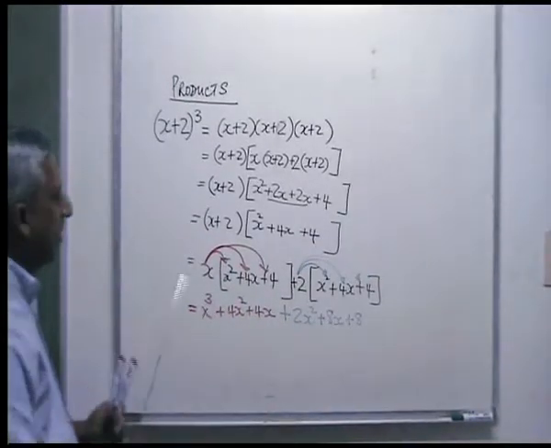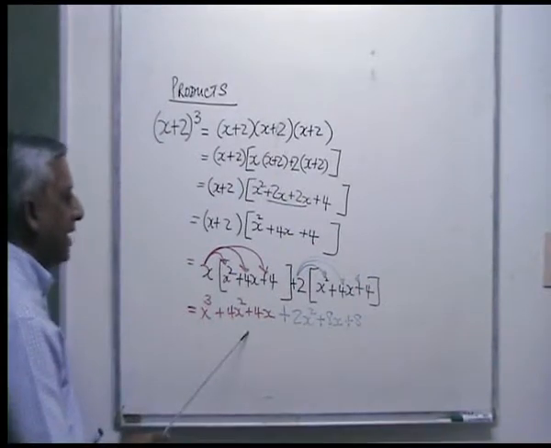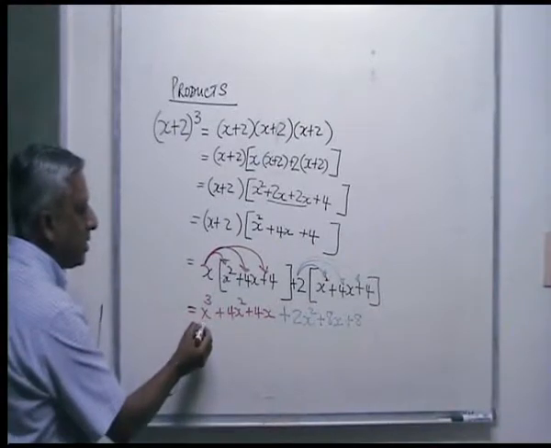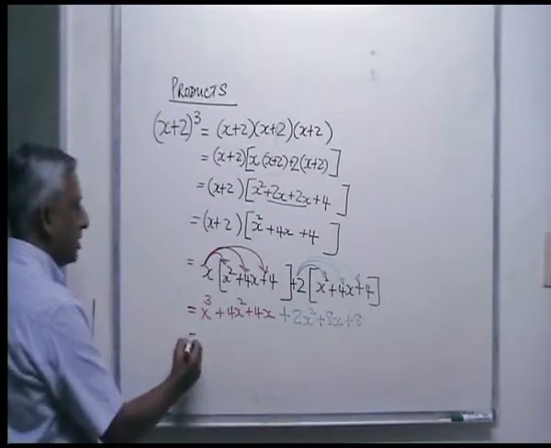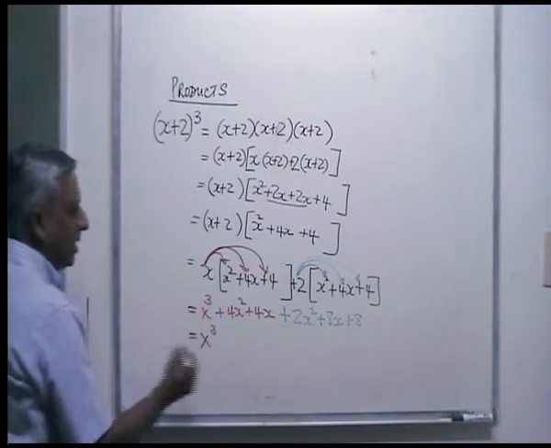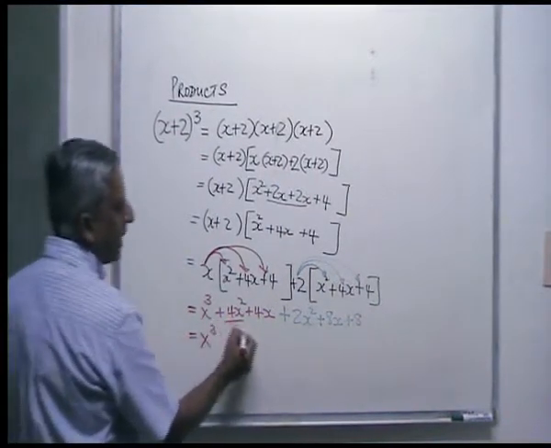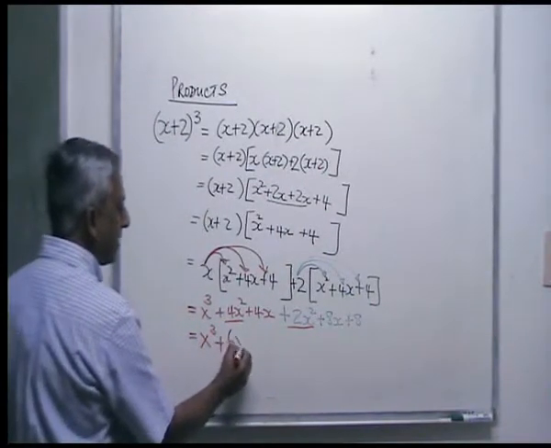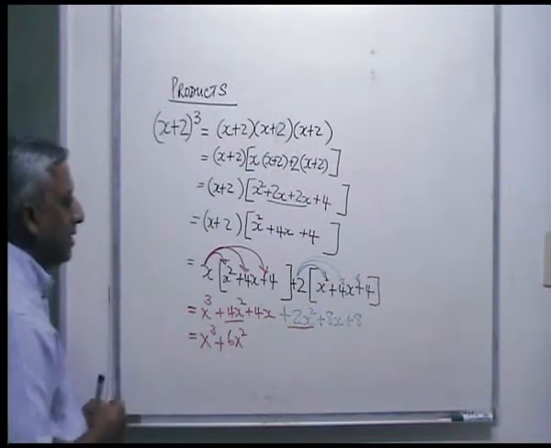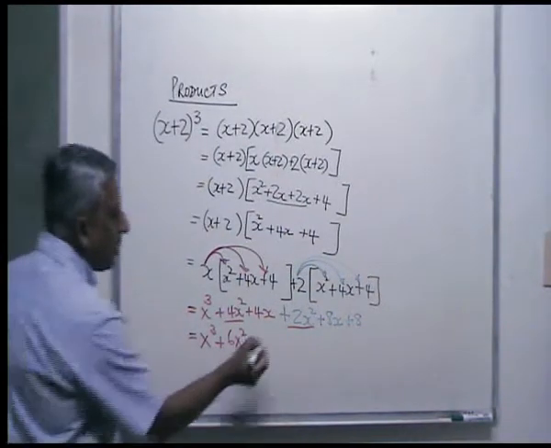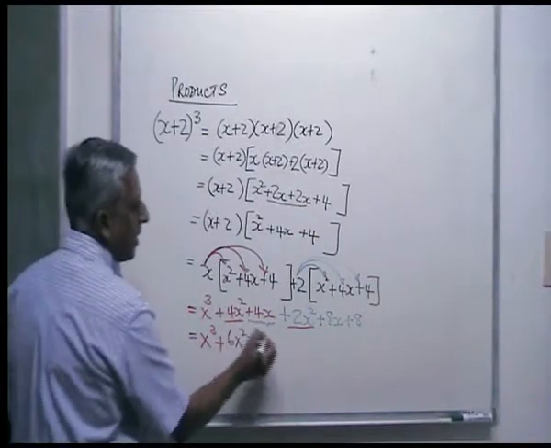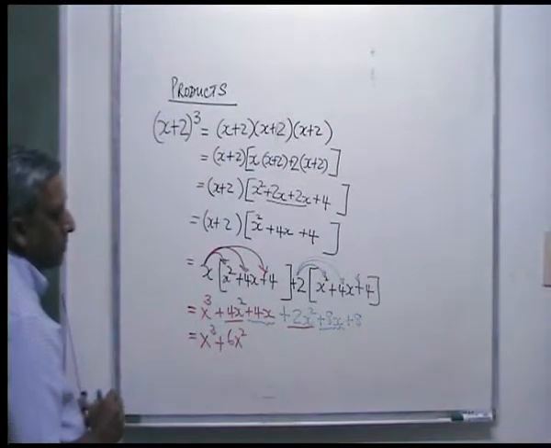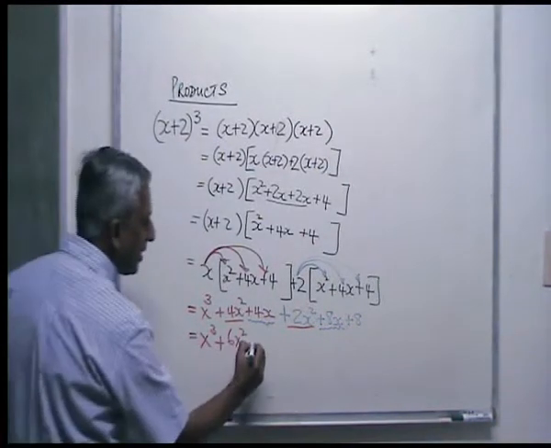Alright, now what we're doing, we're adding the blue and the red as long as they are like terms. So this is x cubed. There's no more x cubed, so you just write it alone. This is 4x squared and that is 2x squared. So those two will be added and you will get plus 6x squared. Then you've got plus 4x and plus 8x. So you're going to add those two. Okay, so you with me? Good.